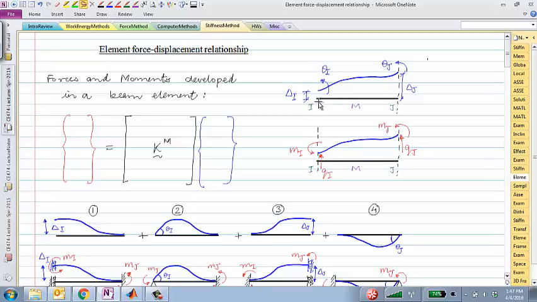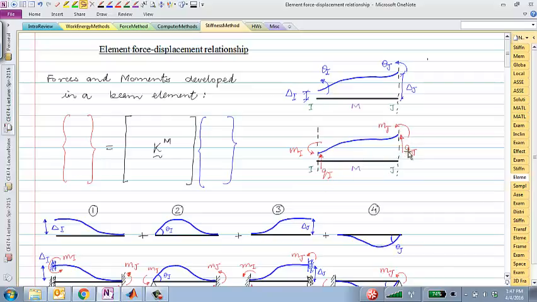How do we find out that a beam element that was initially in this black configuration, if for some reason, for applied loads for instance, or support settlement, node I moves by an amount delta I, node J moves by an amount delta J, and in addition there is some rotation at node I and node J, theta I and theta J, then in this new blue deformed configuration, what would be the forces at nodes I and J?